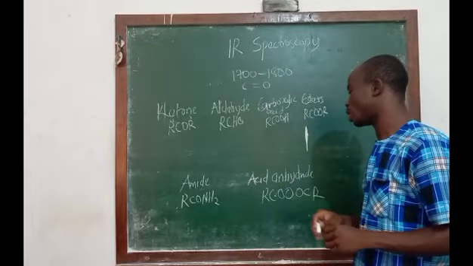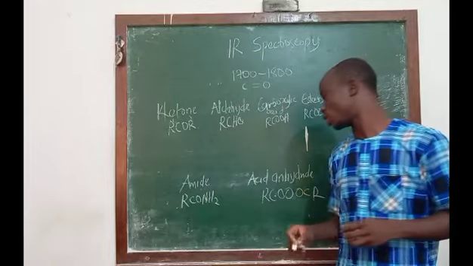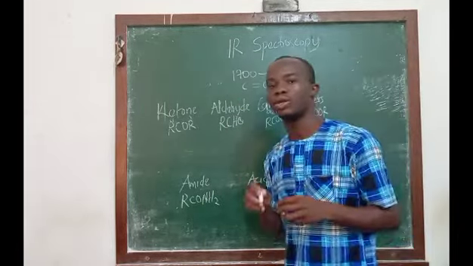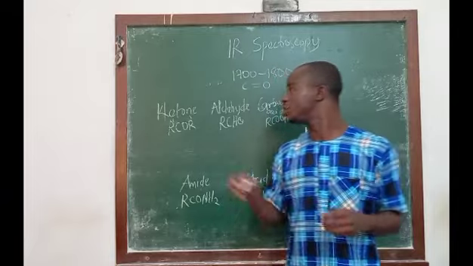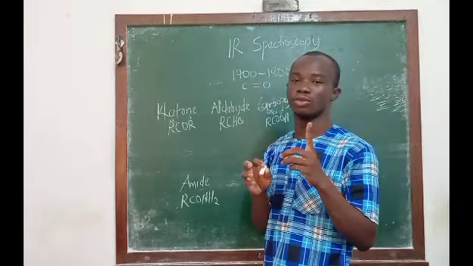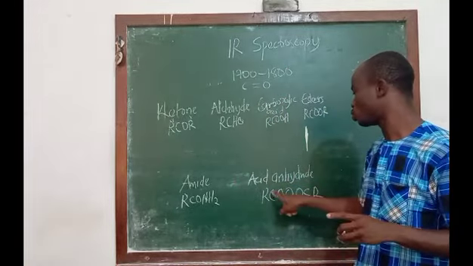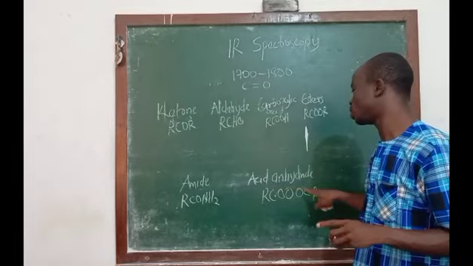Now, if your IR spectrum represents acid anhydride, which contains two carbonyl groups, one of the things you are going to see is two signals within the carbonyl region, representing the two carbonyl functional groups.